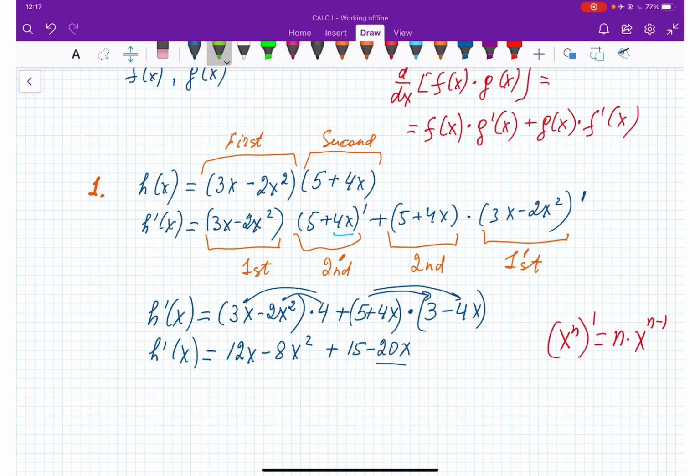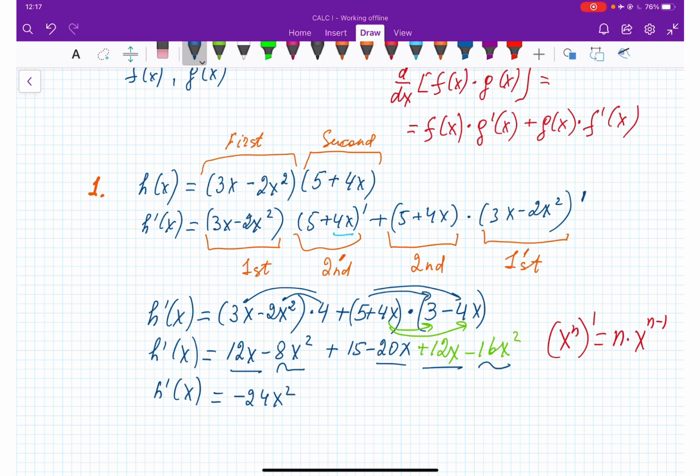And then 4x times 3, it's going to be plus 12x. 4x times negative 4x, it's going to be minus 16x squared. Okay, let's then simplify. Combine like terms, rather. So what do we get? Negative 8x squared, negative 16x squared, it's going to be negative 24x squared.